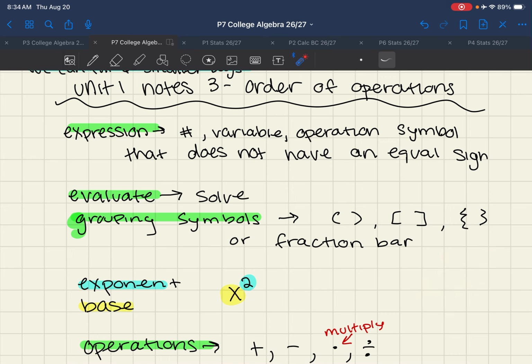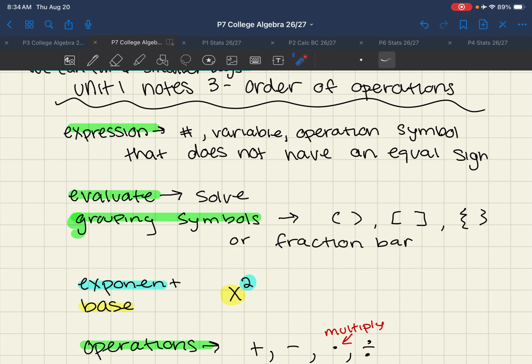Then we have exponent and base. We went over these definitions in the previous note, so instead of writing it out again, I'm just reminding you that a base, if we had the example of x squared, would be x, and the exponent would be 2. Okay, the exponent tells us how many times we are writing the base.